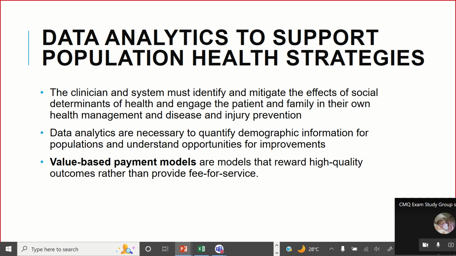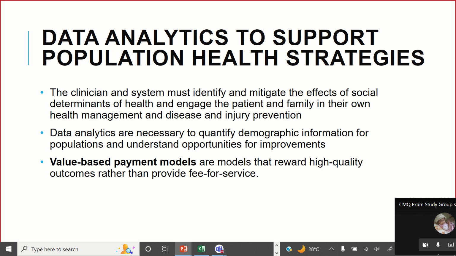Socioeconomics, learning ability, the patient educational level, the health literacy. Okay, and I talked just now about going into the neighborhood where the patient lives, the physical environment around them, and the work-related environment as well. So all of those come under the social determinants of health.